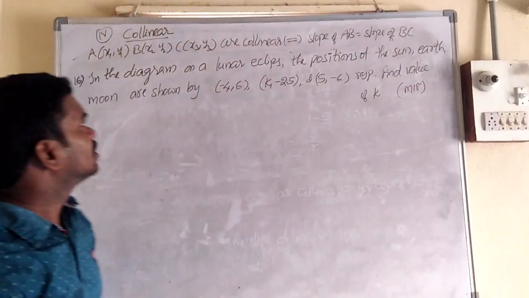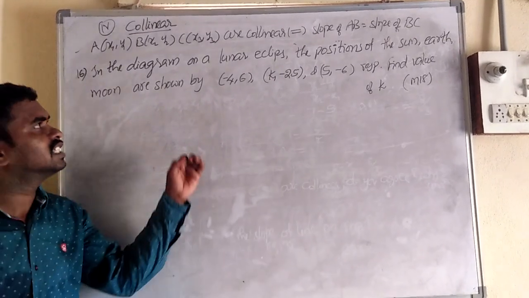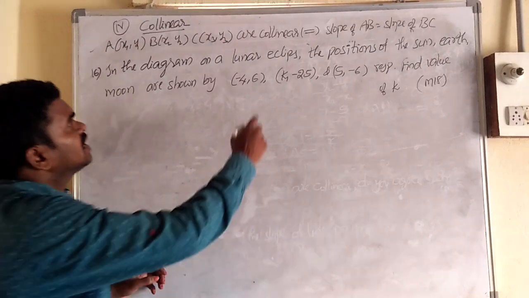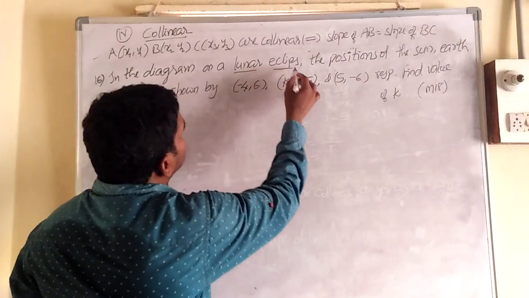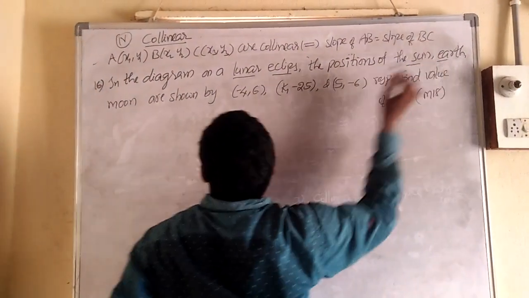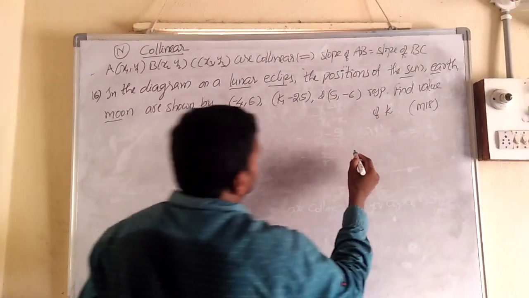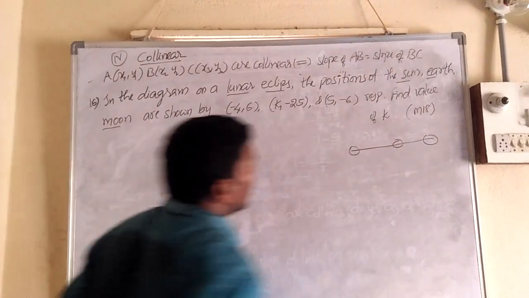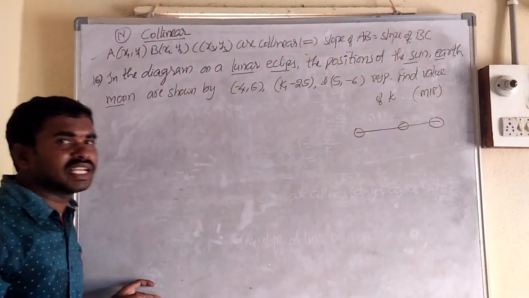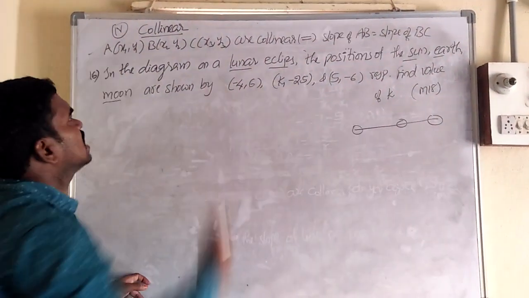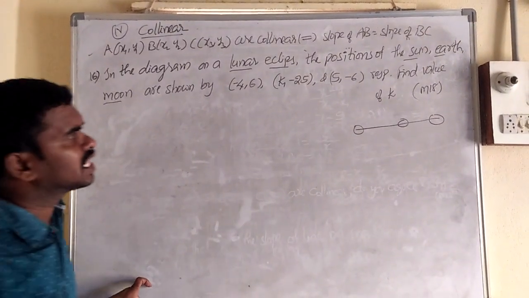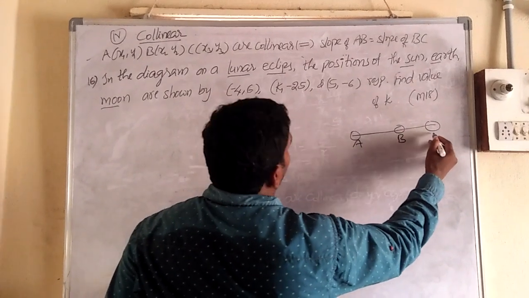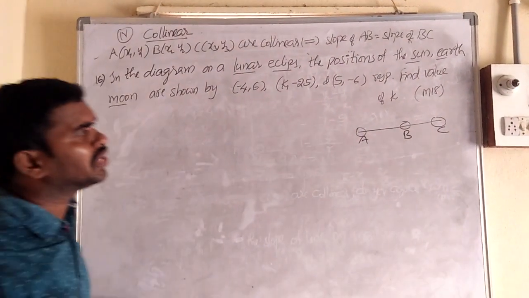So don't think this is not mathematics. This is mathematics, and it involves physical science also. Here he is saying that in a lunar eclipse, the sun, earth and moon lie on a single line. That means indirectly the sun, earth and moon are collinear.